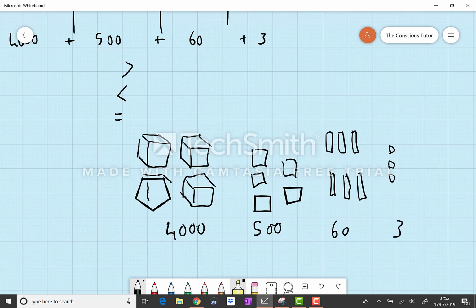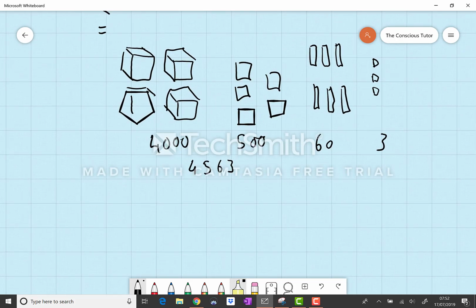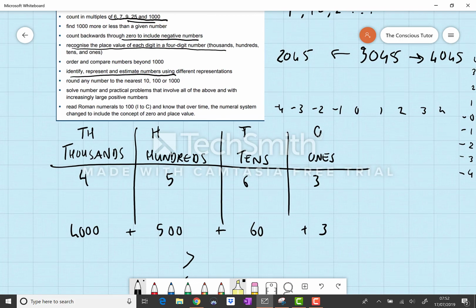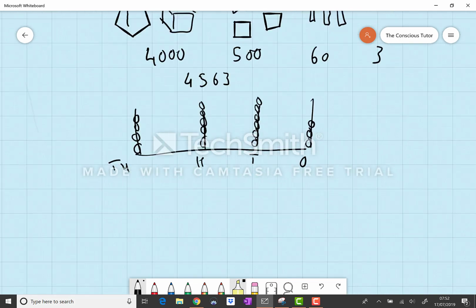This can also be represented on an abacus type format, again where we can use counters or beads to represent the same numbers. And children may be asked to add 1,000 to a number or take away 100 from a number and show this on the diagram.